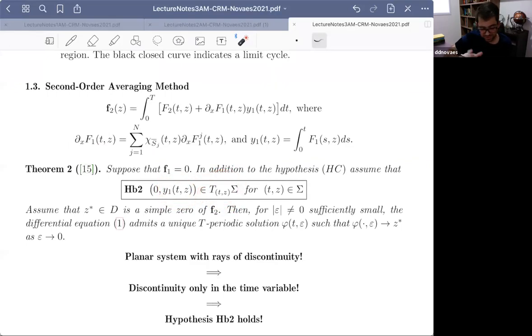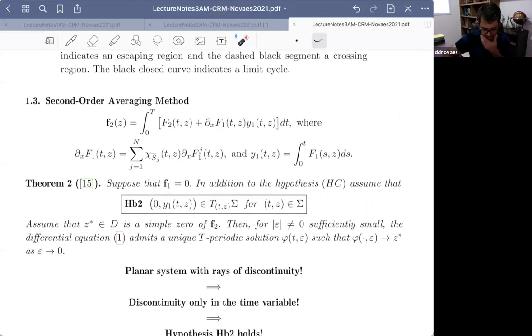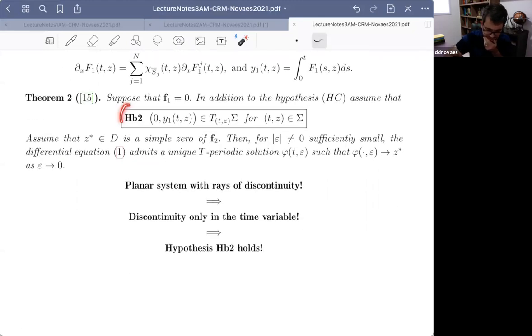So this property has to be satisfied in order that F2 controls the bifurcation of periodic solutions for these systems. Let me just comment here that this property always holds in some very explored cases in the literature.